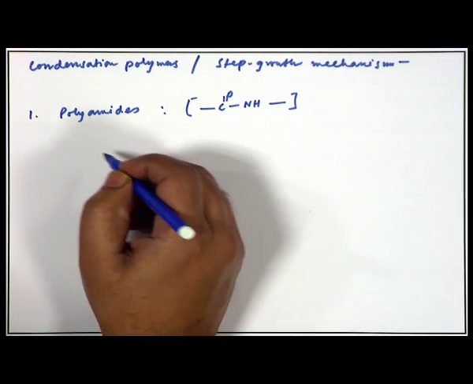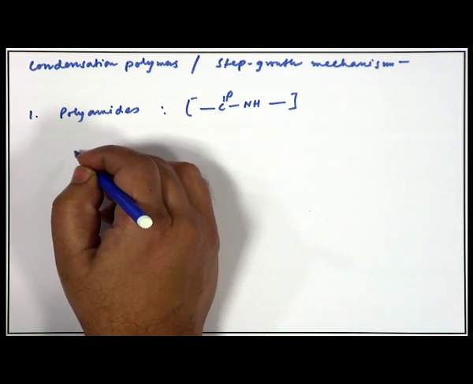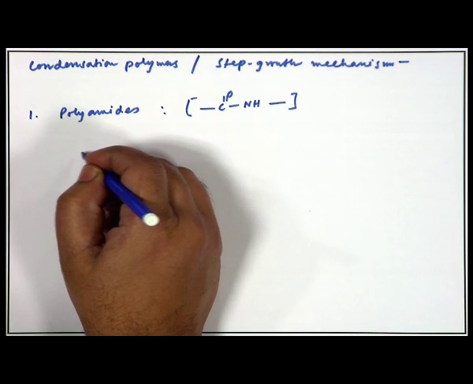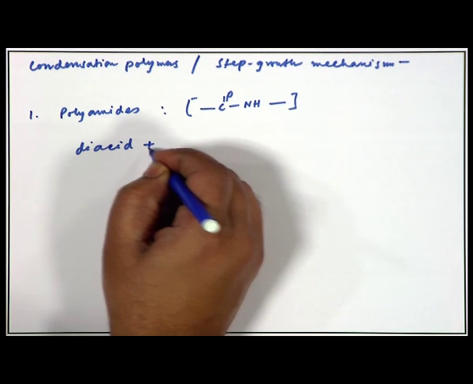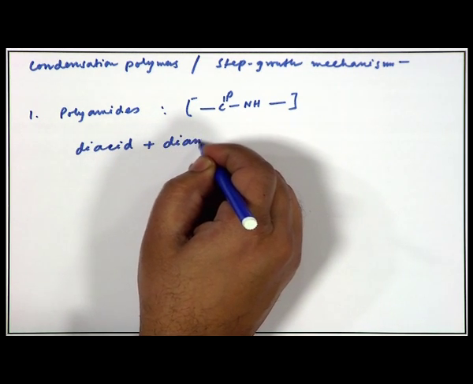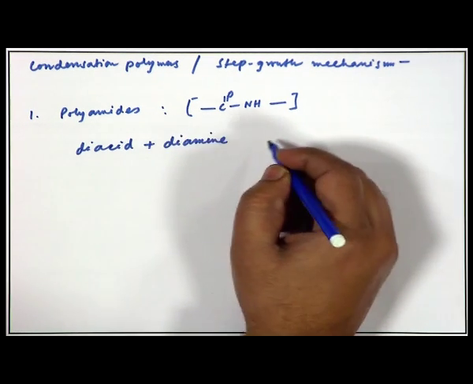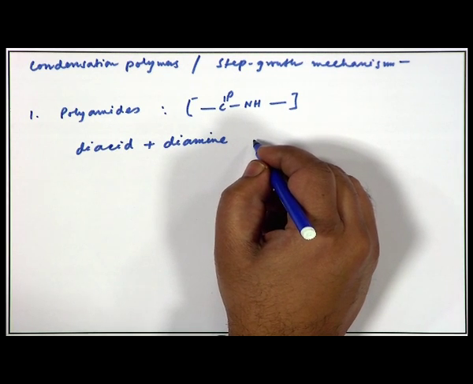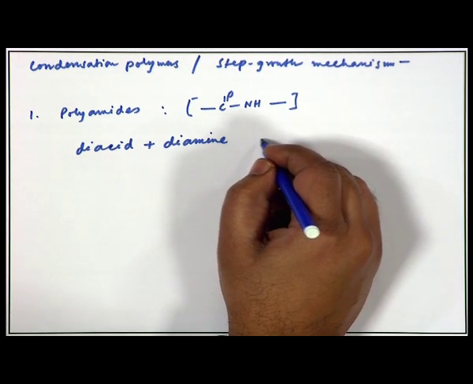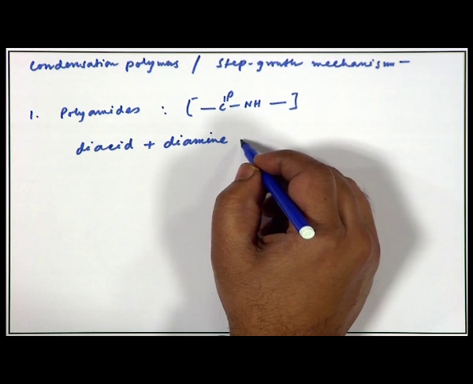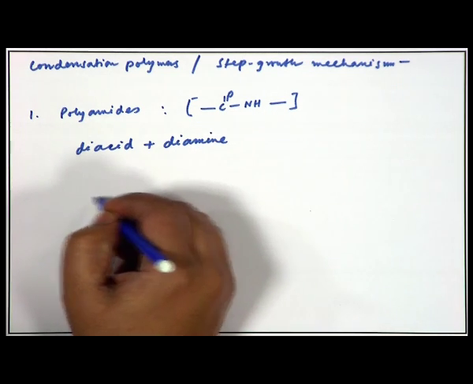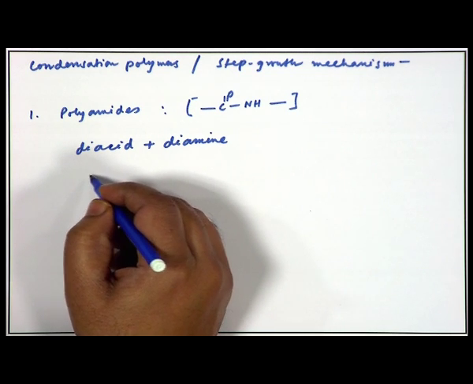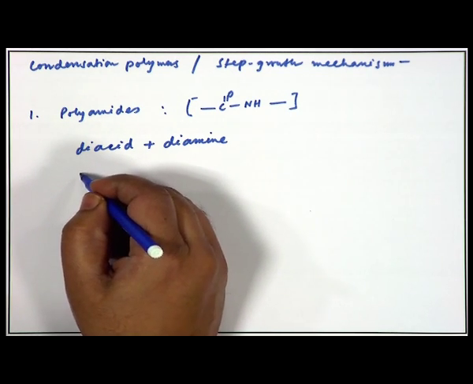You can synthesize them by direct amidation: you take a diacid plus a diamine and make a direct amidation reaction between these two to form polyamides. If you have cyclic amides like lactams, you can ring open.